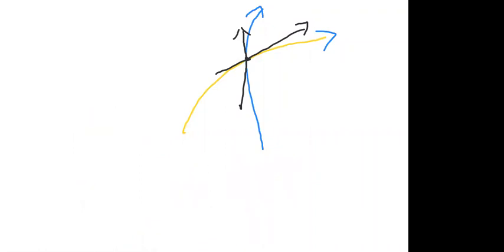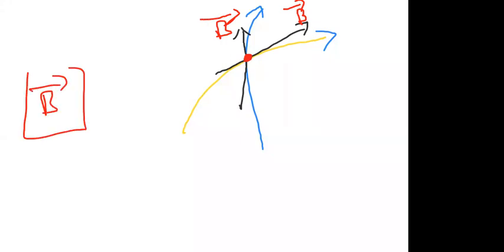So if they intersect each other, at the point of intersection of two field lines we can draw two tangents. So we are getting the magnetic field here as well as here. But what type of quantity is the magnetic field? B bar is a vector quantity.